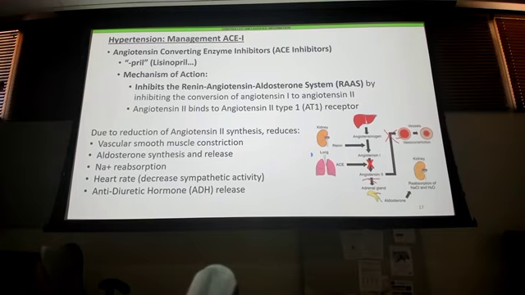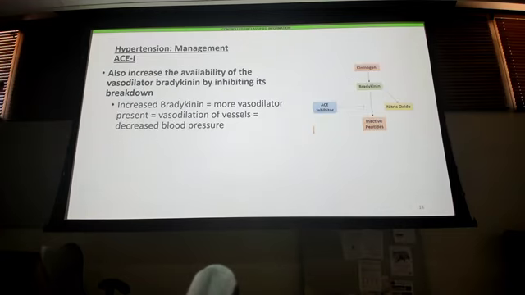ACE inhibitors also prevent the breakdown of bradykinin into inactive peptides, which means we have higher concentrations of nitric oxide circulating, which, remember, has a local vasodilatory effect on blood vessels. So ACE inhibitors work in really 3 different ways in order to lower blood pressure.